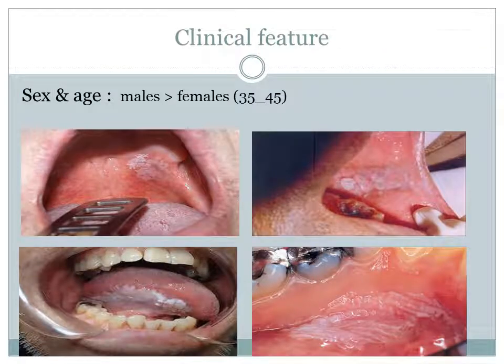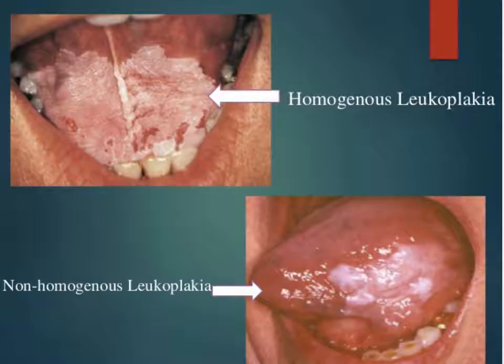Clinical features of leukoplakia. It occurs in males more than females, and at an age between 35 and 45. It occurs in different sites of the mouth, as we see in the palate, the buccal mucosa, the tongue, and the floor of the mouth.